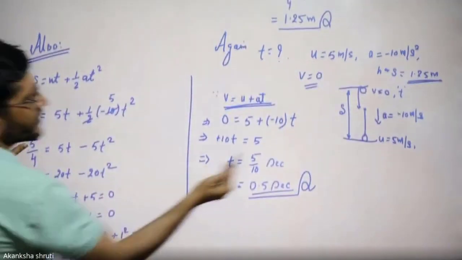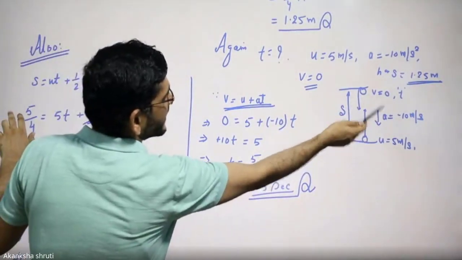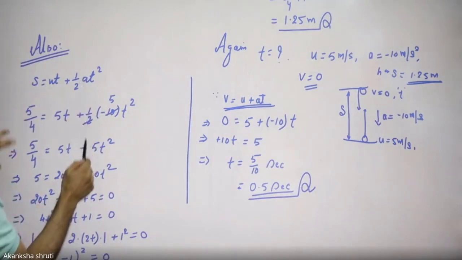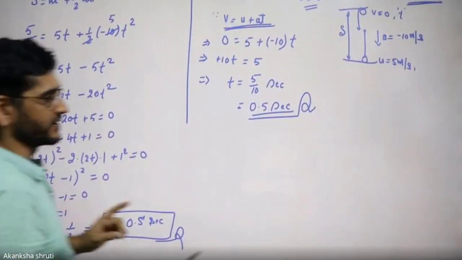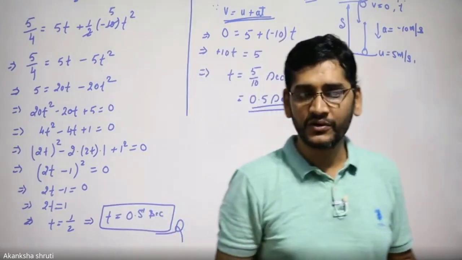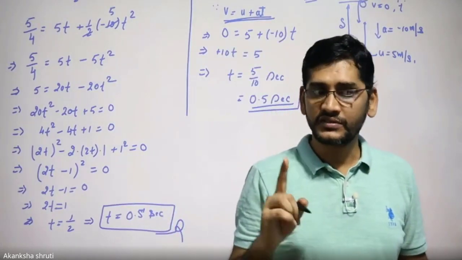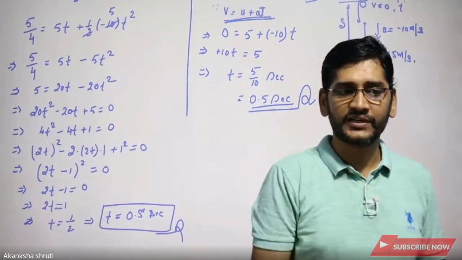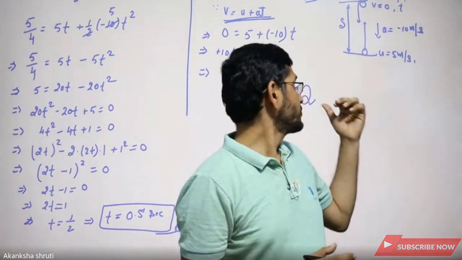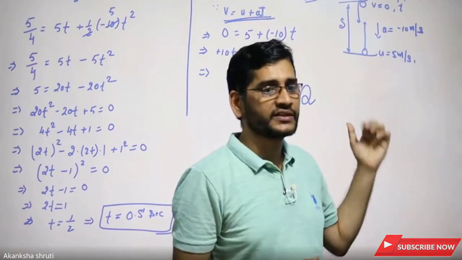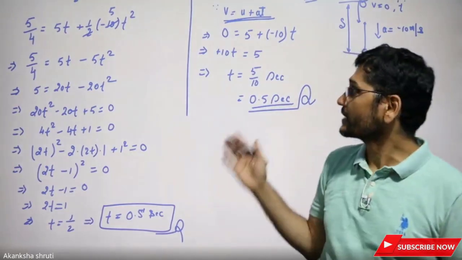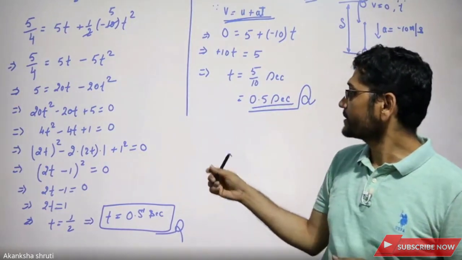But calculating h or s first, then substituting here and calculating t is a bit lengthy. Though in an earlier numerical I had explained that u is required, so first you need to calculate that. If something is very required to use in the equation, then first you need to calculate it, or if you can calculate from another kinematic equation without it, then you should go by that method.